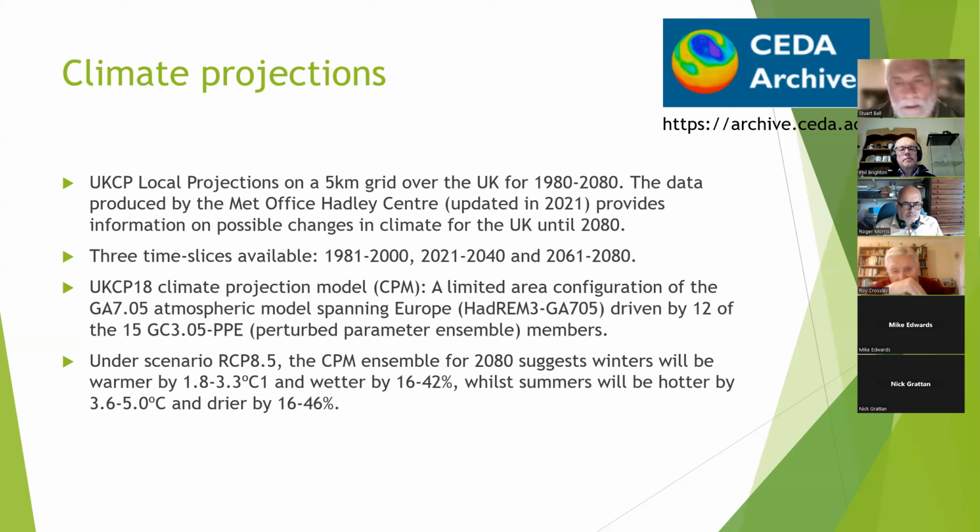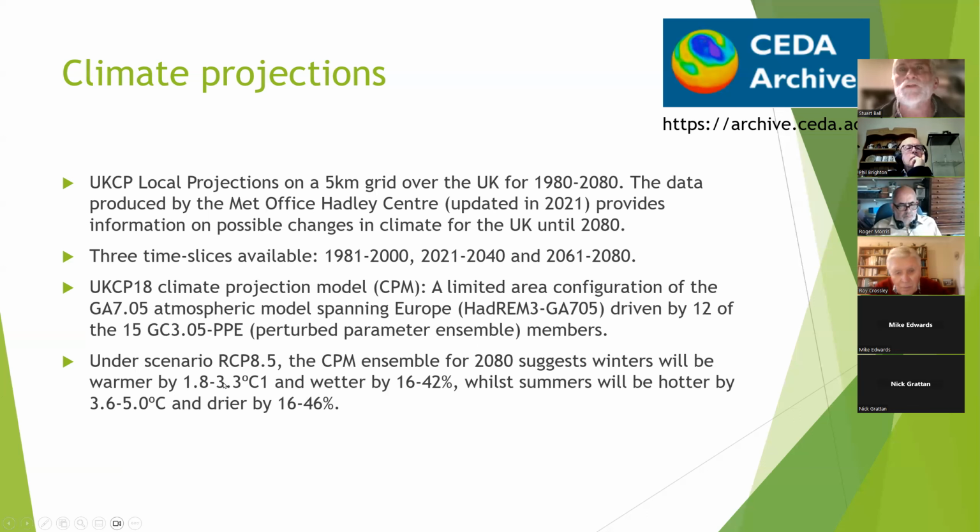So this particular model by 2080 for the UK is suggesting winters will be warmer by 1.8 to 3.3 degrees C and wetter by 16 to 42%, and summers will be hotter by 3.6 to 5 degrees and drier by 16 to 46%. So we're seeing an increase in temperature.